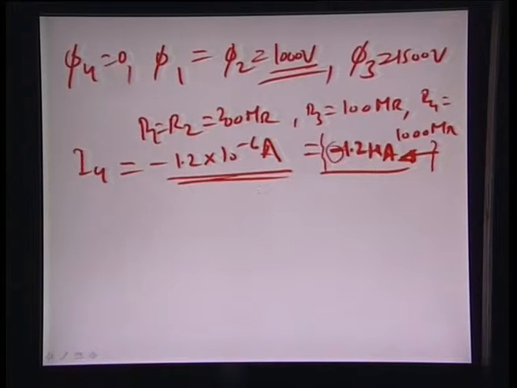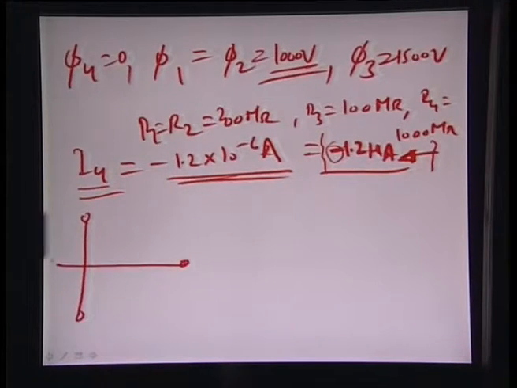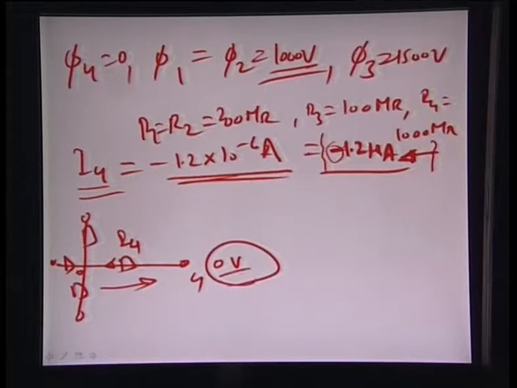The minus sign here also suggests that the direction of I4 is really the opposite of what was assumed. If you assume that this network of flows had currents all converging into the node, I4 was assumed to be from 4 to 0, but essentially it is in the other direction, which makes sense because you have applied a 0 volt potential here, and the other potentials, thousands of volts on both ends here and 1500 volts here, would be pushing all the fluid towards the junction 4, and the flow of fluid also defines the direction of the current, as the current is essentially a flow of ions in the channel.